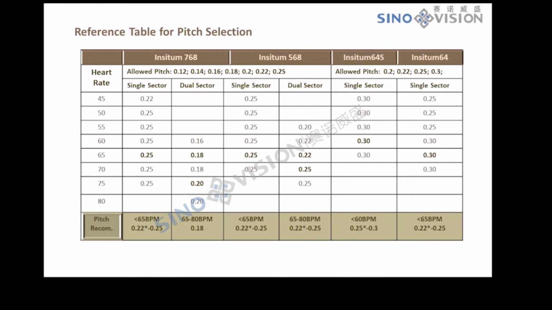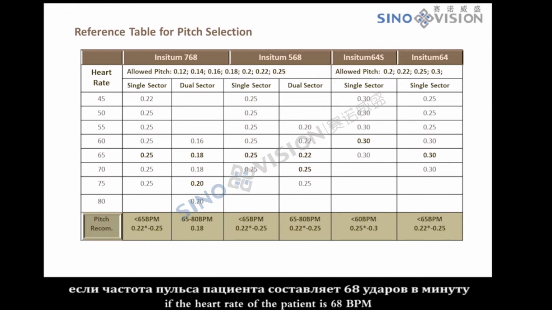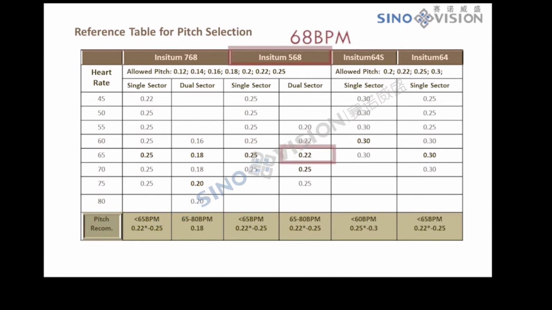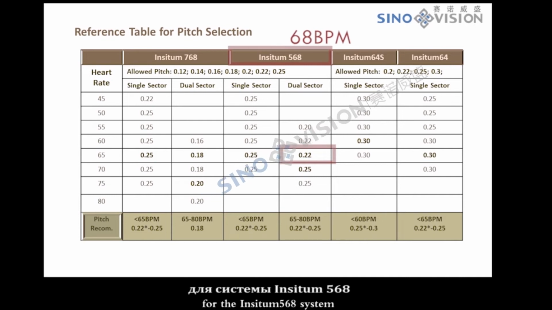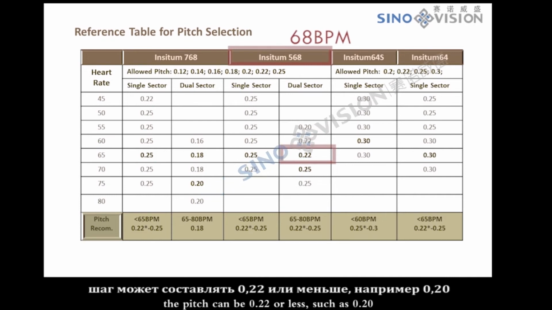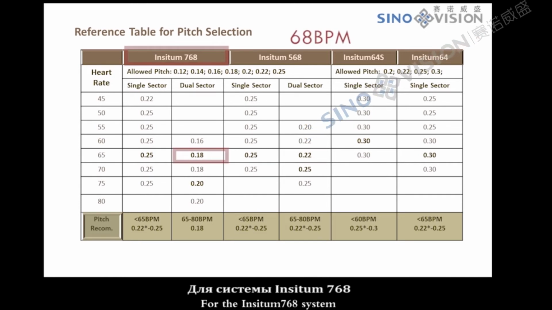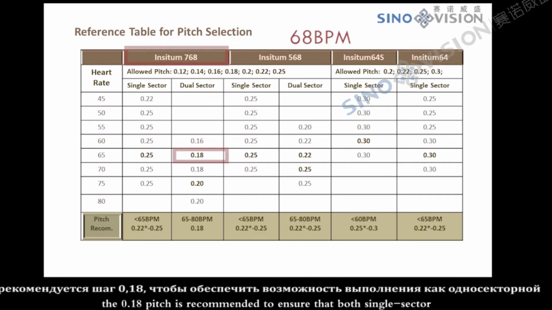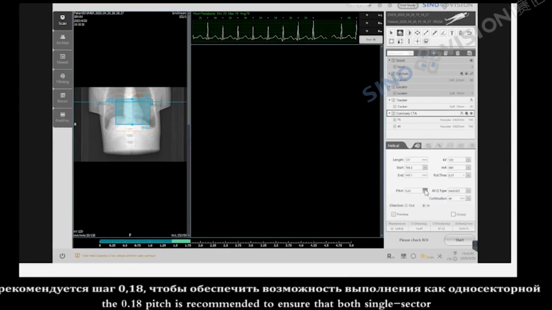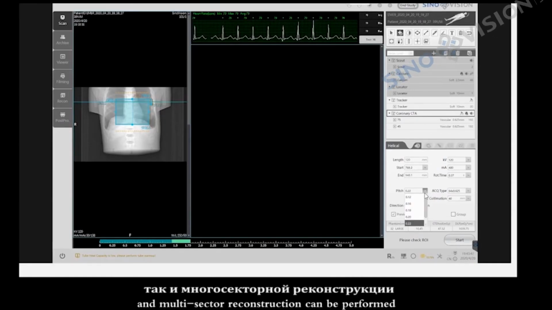For example, if the heart rate of the patient is 68 bpm, for the Incidem 568 system, the pitch can be 0.22 or less, such as 0.20. For the Incidem 768 system, the 0.18 pitch is recommended to ensure that both single-sector and multi-sector reconstruction can be performed.